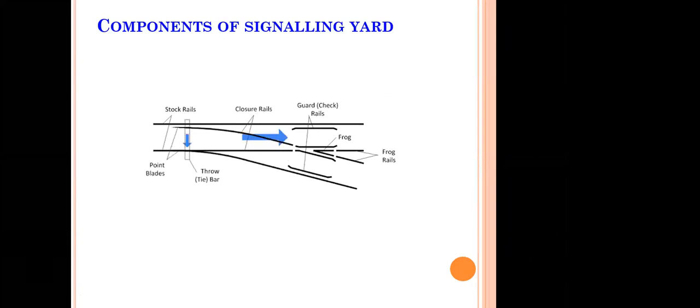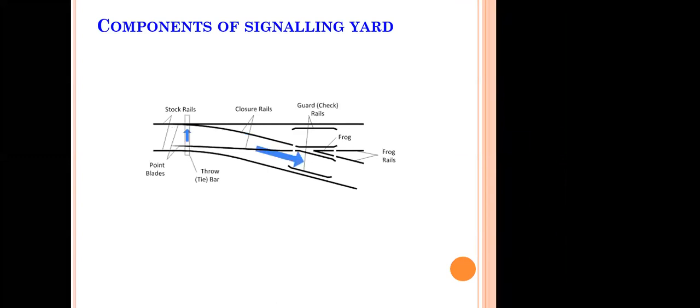Accordingly, I will decide to which route the point should be set. As for the President of India, the route was set by the protocol officers. Here, the station master is setting on which route a train has to come, either on the straight route or on a diverted route. Various parts of the points are shown here. Don't worry about it. You only look at the directions, in what direction a point is to be set, and when a train is to be guided.